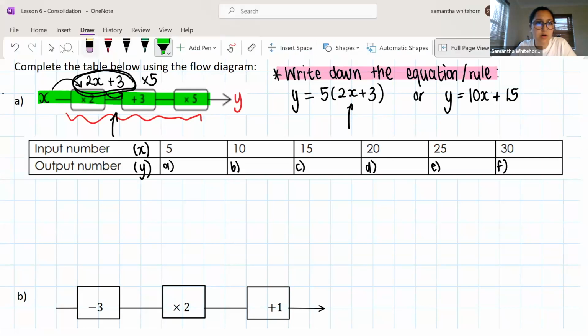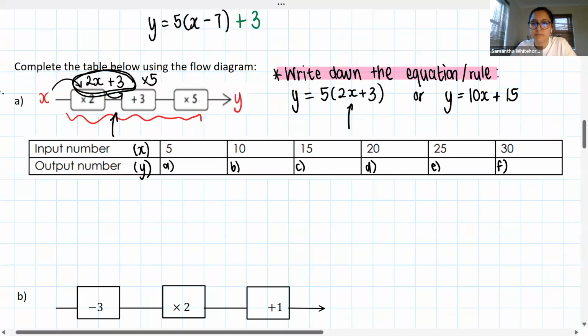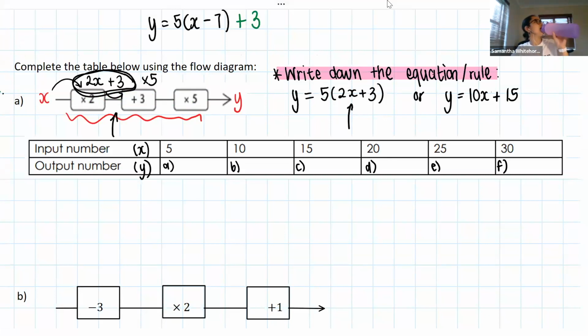So just double check that you are correctly doing all of that. Okay, one more minute.